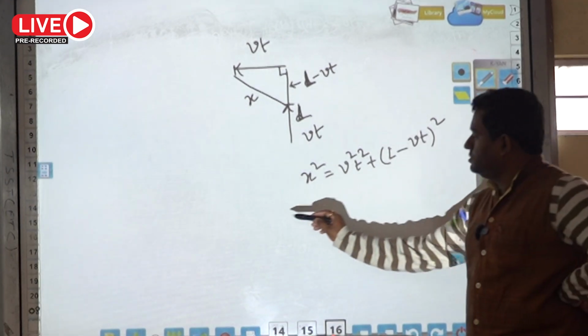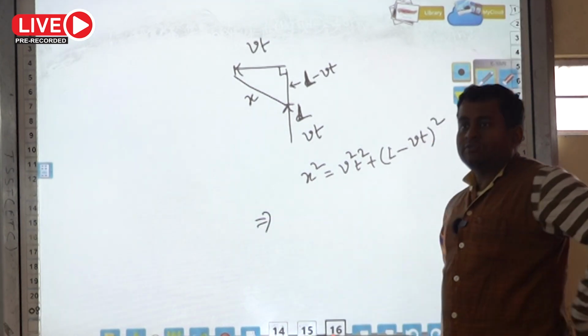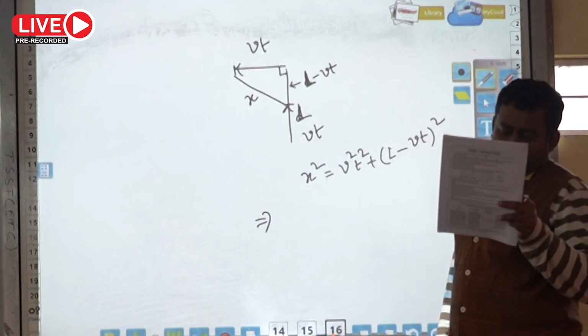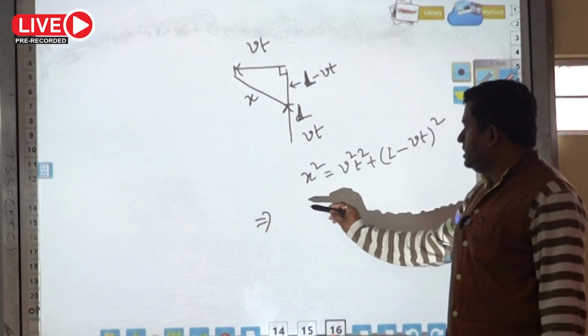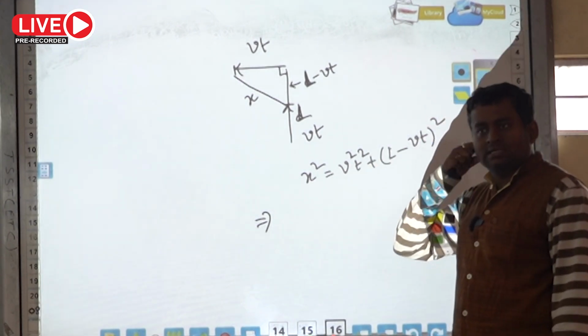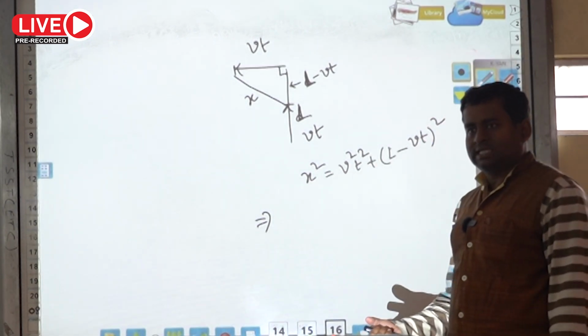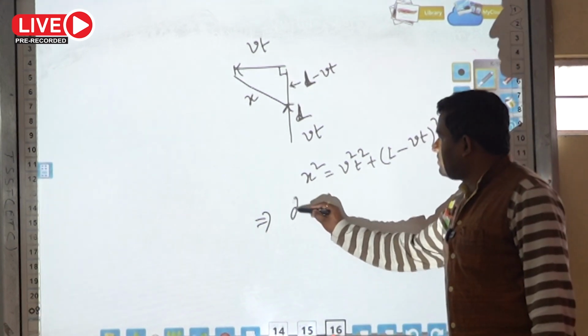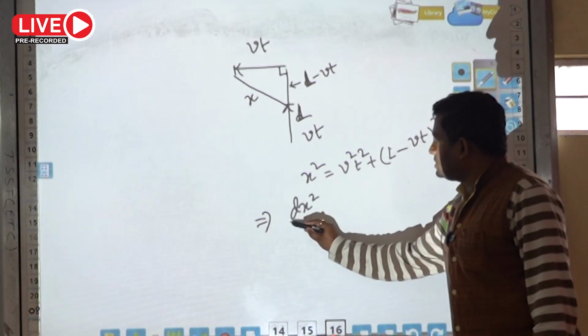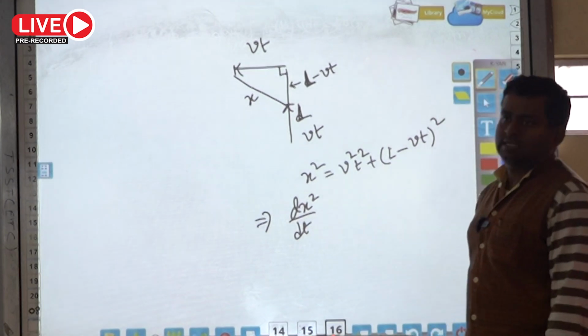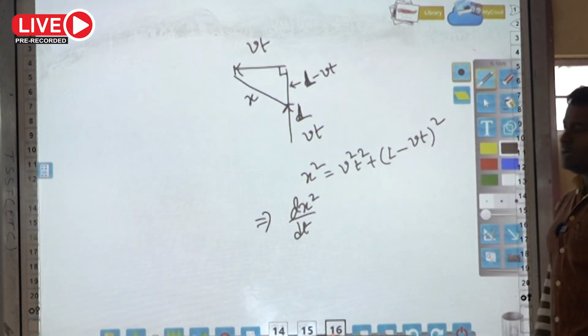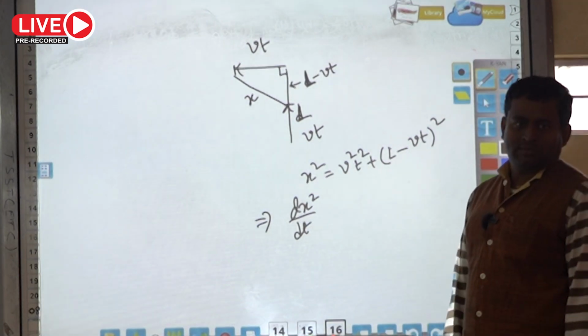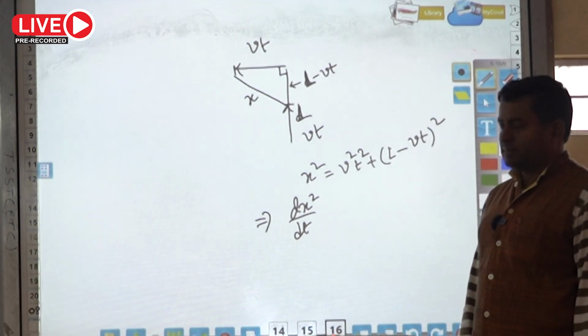Now you have to find the shortest distance between them, meaning x is shortest, so x square is also shortest in that case. So I will differentiate x square with respect to t, d of x square by dt, and set it equal to 0 for the minimum.